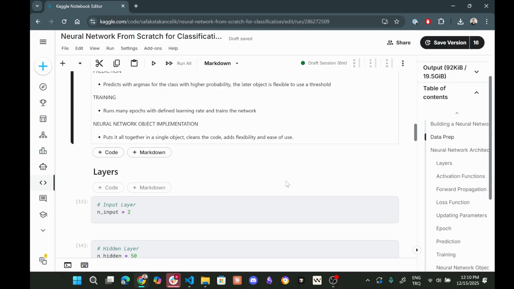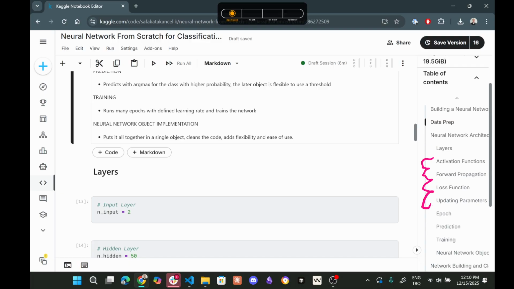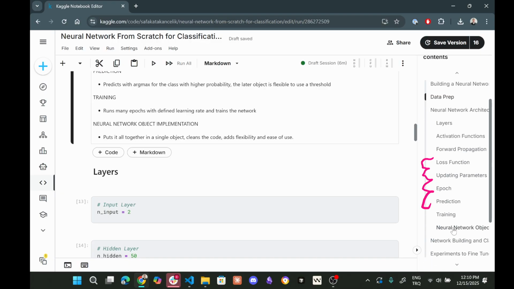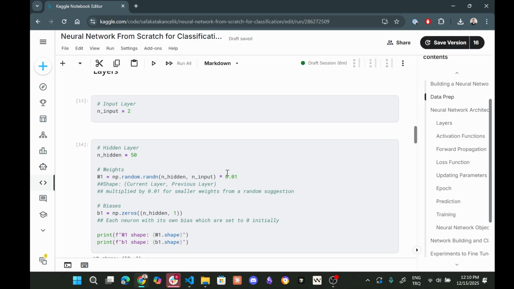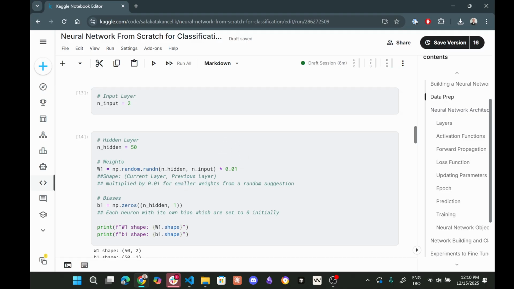And there's the training process and the neural network object implementation. In this section, I'll show some of the functional components like layer, activation functions, forward propagation, the loss function. But in the object implementation, I have put everything together for cleaner code, so there it will be much cleaner to see. So first I tested it one by one with smaller functions.